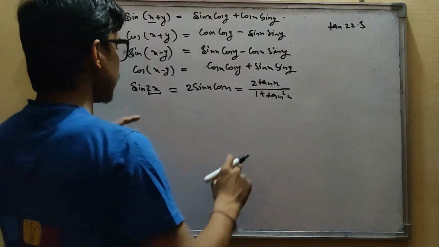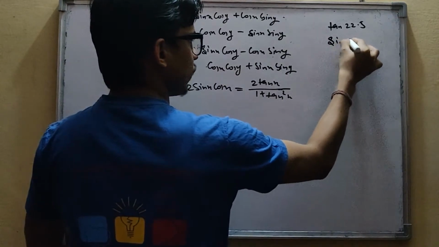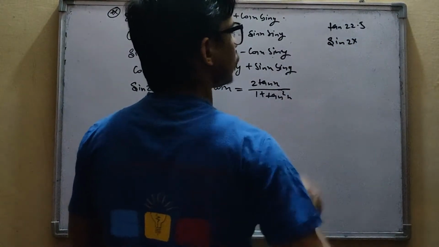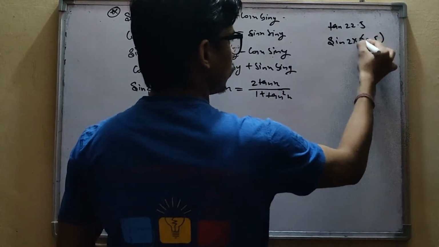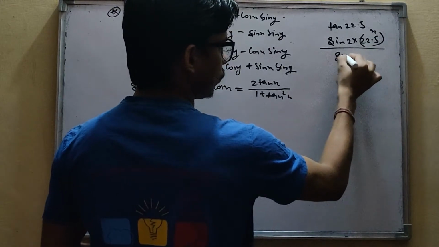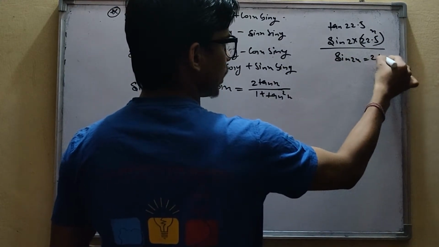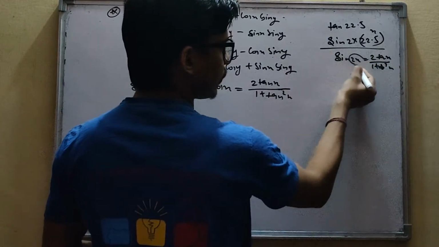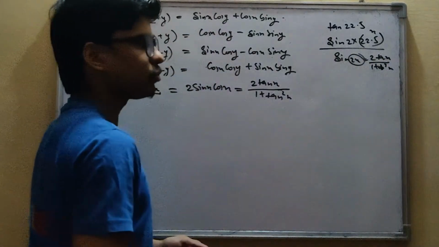So what you can do, you try to find sin 2 into 22.5. You know the value of this thing, right? Here it is x, it will act as x. So sin 2x is equal to 2 tan x upon 1 plus tan square x, right? So if 2x is 45, then x is going to be 22.5.